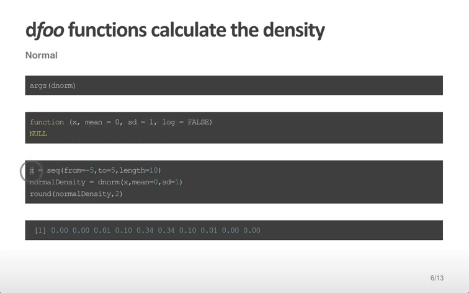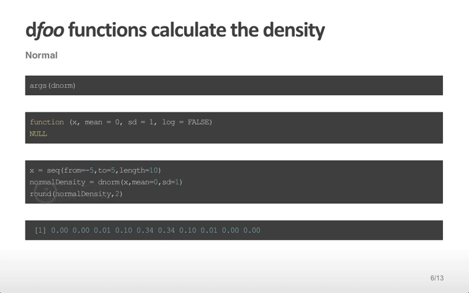First, we can generate a set of x values that's a sequence from -5 to 5 of length 10, where the values are equally spread out between -5 and 5. Then we can apply the dnorm function to calculate the normal density at those points. Here we've passed the parameters mean equals 0 and standard deviation equals 1. We can then report the values of the normal density at each of those x values.